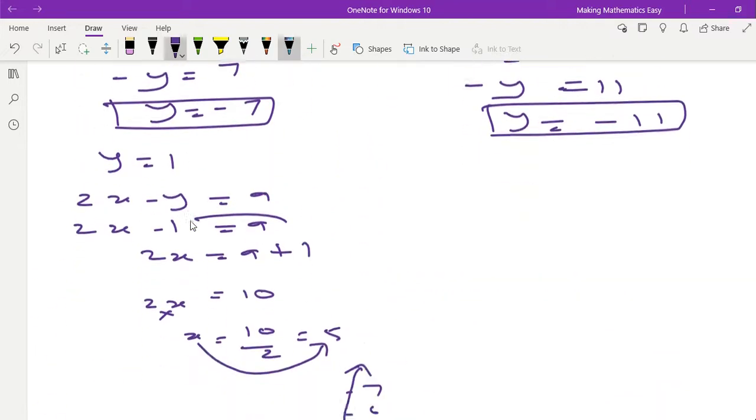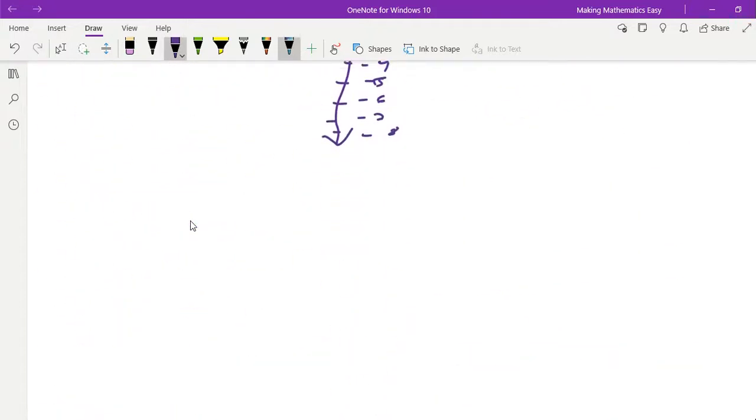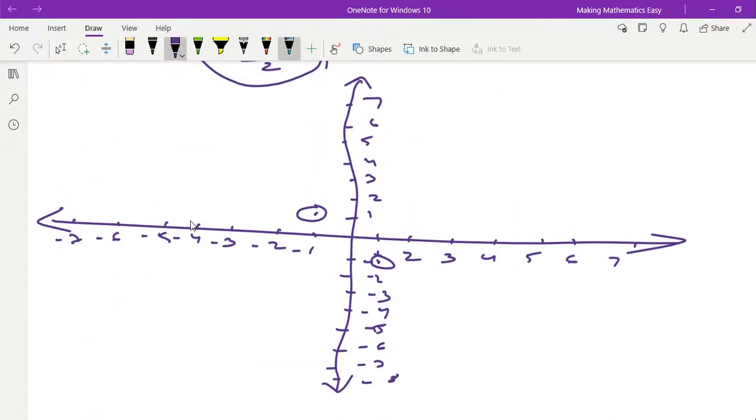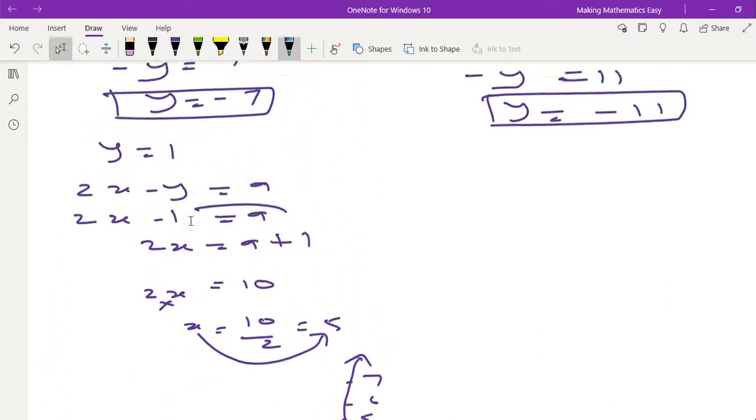Let's see the third coordinate of the first equation, which is 2 comma minus 2, so this will come over here. If you see, all these 3 points are coming in a straight line, so you can draw this straight line over here. Okay, and don't forget to mention the equation on the line. Whatever is x plus y or whatever the equation is, you need to mention that.